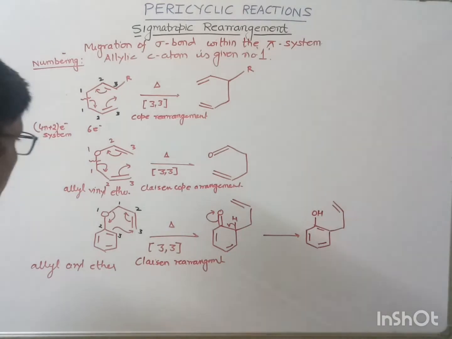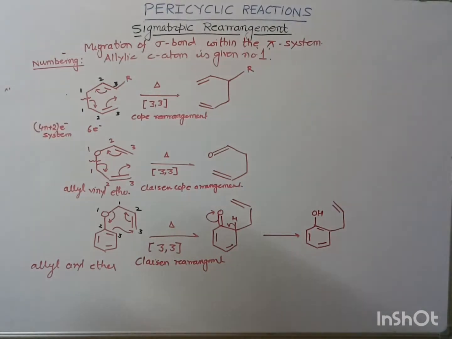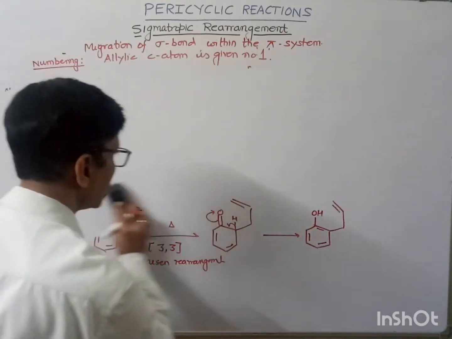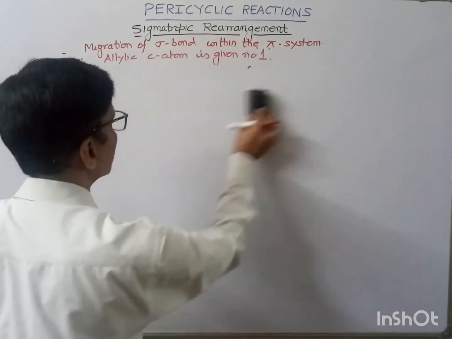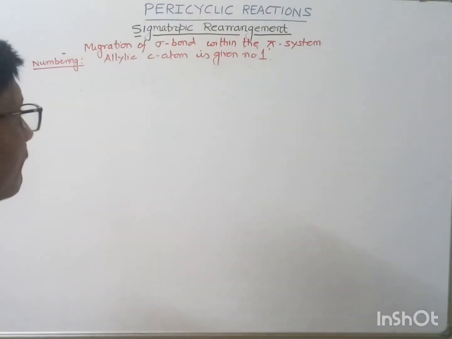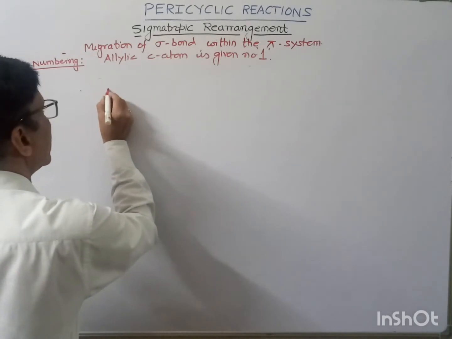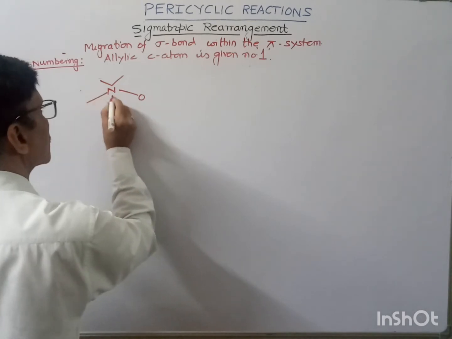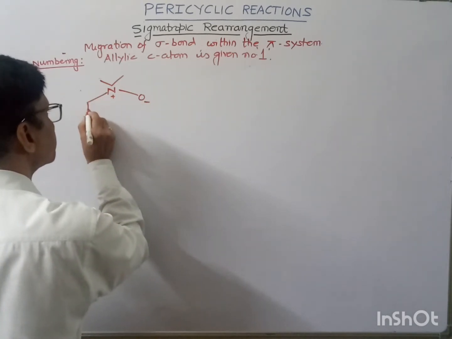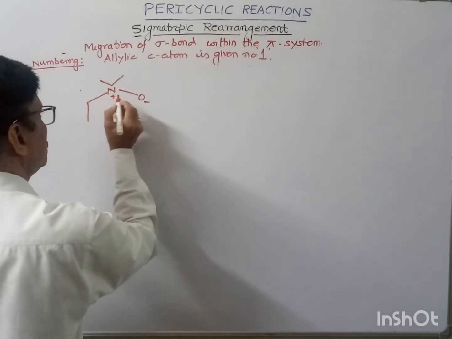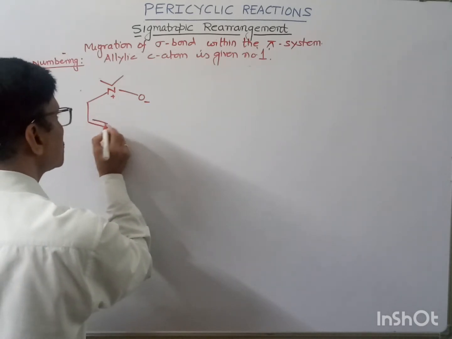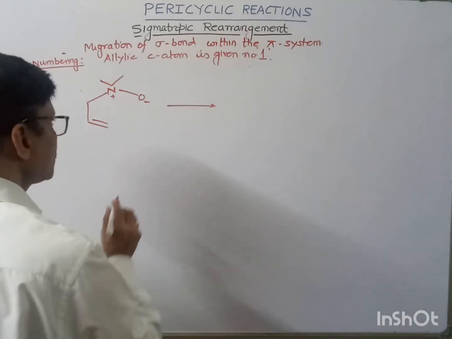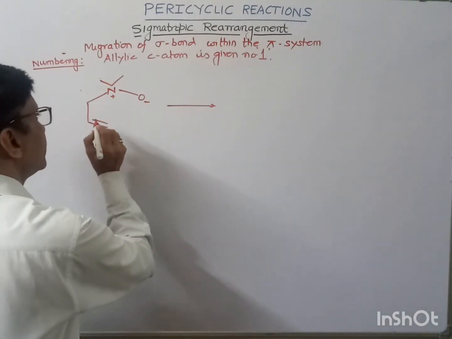Now in the next example, if you will see, a 2-3 sigmatropic shift is also possible. So let us see the 2-3 sigmatropic shift. Suppose we have this. Now in this reaction, as it is given energy, what will happen?